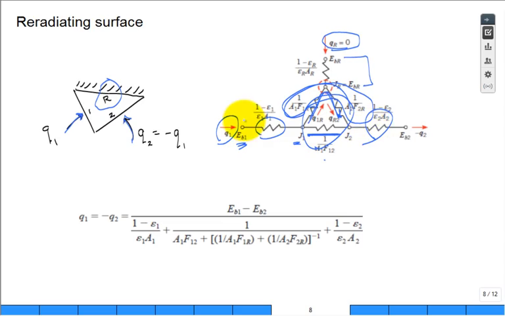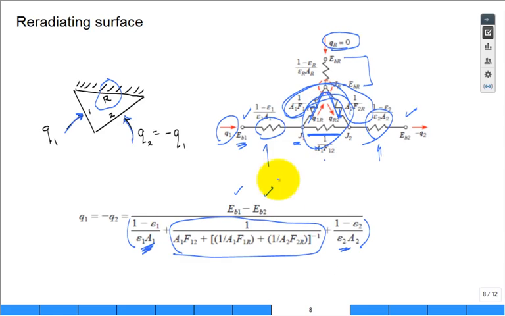And so then you can put the EB1 minus EB2 over the net equivalent resistance of all those resistors collapsed down. You can tell this is the addition of these parts, and this is that combination of series plus parallel, or then parallel.